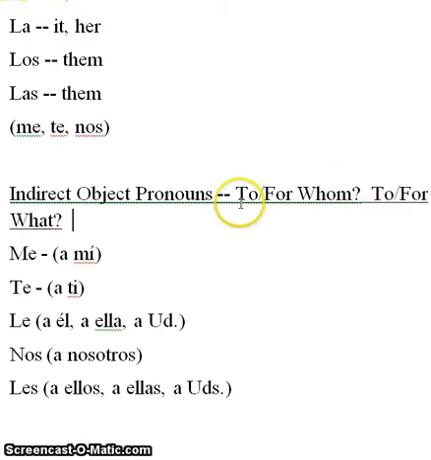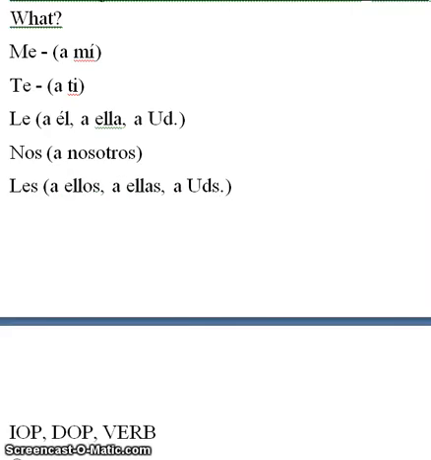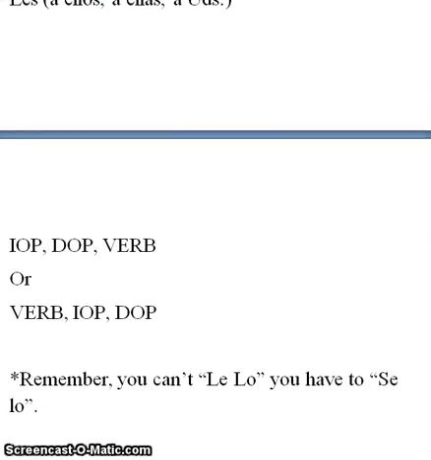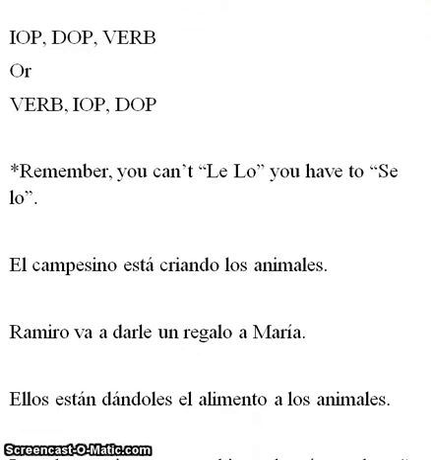Usually for Spanish, we focus on to or for whom, however. That makes sense if you think about the to me, to you, to him. Again, it is okay to have a sentence with an indirect object pronoun but no clarifier. The simple purpose of a clarifier is to, guess what? Clarify.